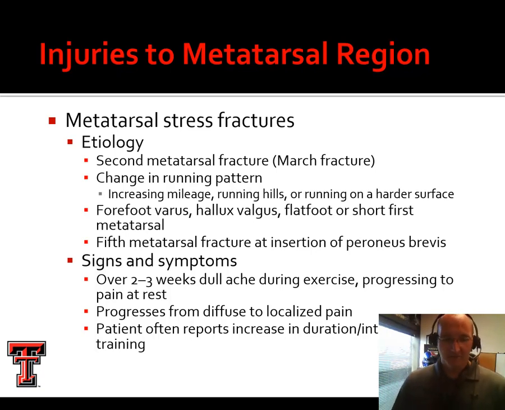Later on, they hurt after activity. So, definitive diagnosis for stress fracture is going to be a bone scan, but the first couple of weeks we're not going to be able to see this on an x-ray. It's going to gradually progress from diffuse, just generalized foot pain into a specific spot as it zeroes in.